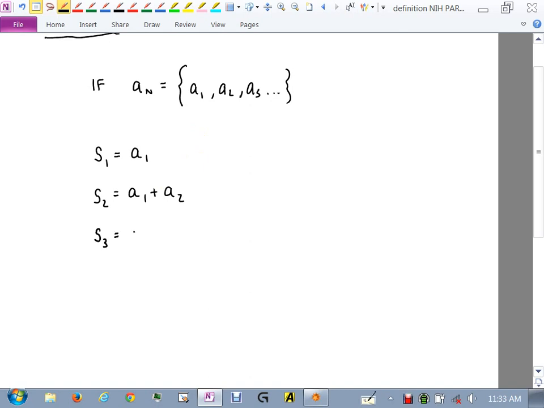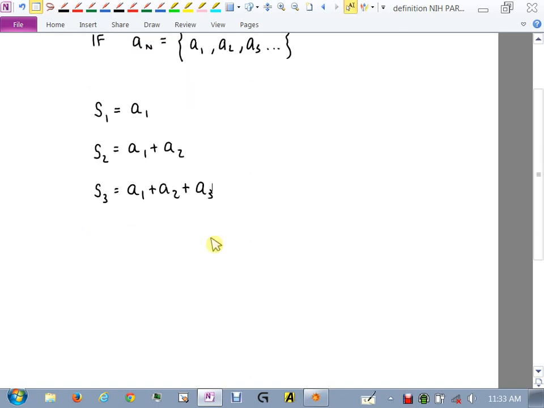Just add up the first three, right? And I could keep doing this, couldn't I? And I could actually come up with an S sub n, which would mean add up just the first n, right? But stop. Do you agree? I would stop.